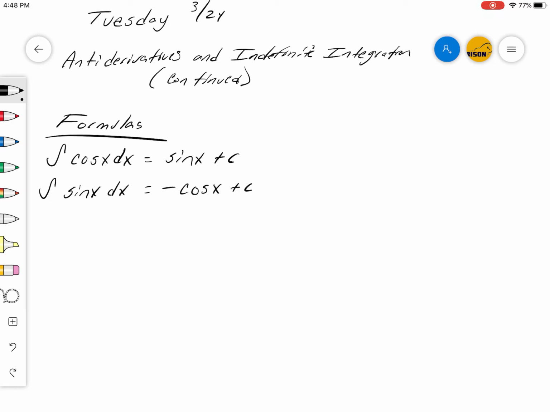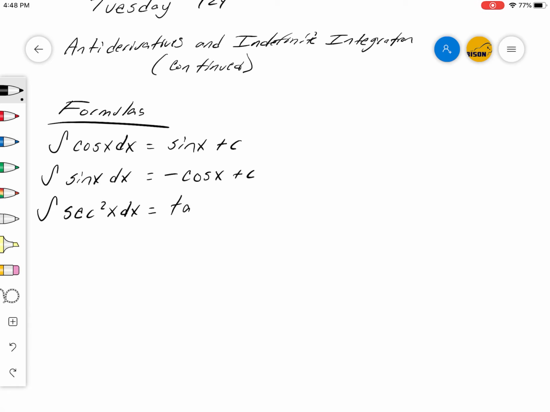Our third one, let's say that we have to integrate secant squared x. That would end up being tangent x, because if you remember, taking the derivative of tangent outputs you a secant squared.